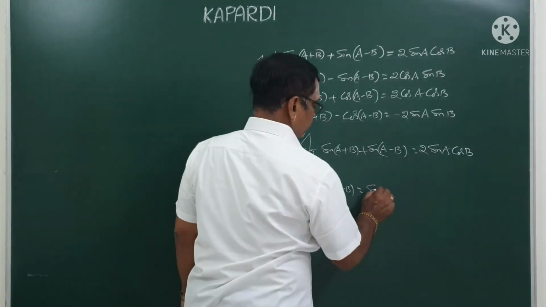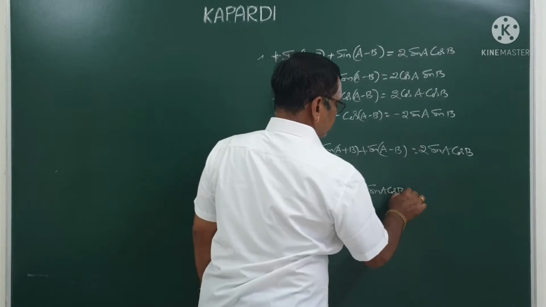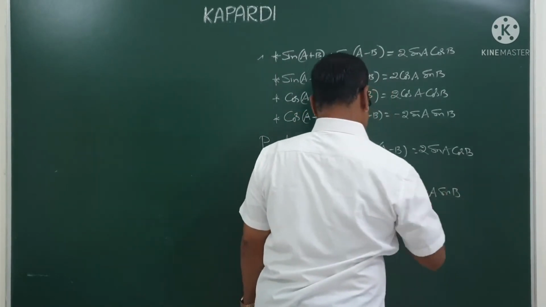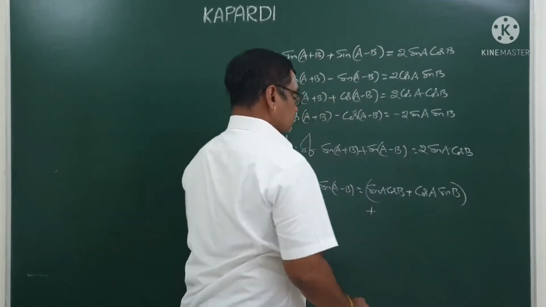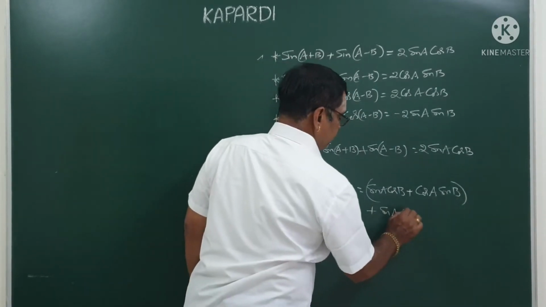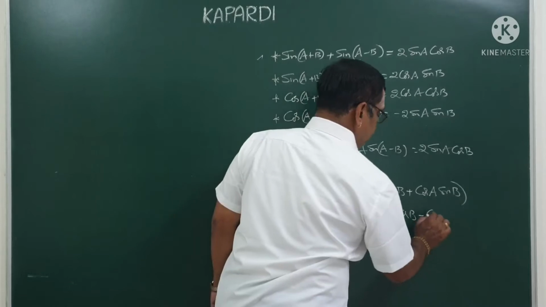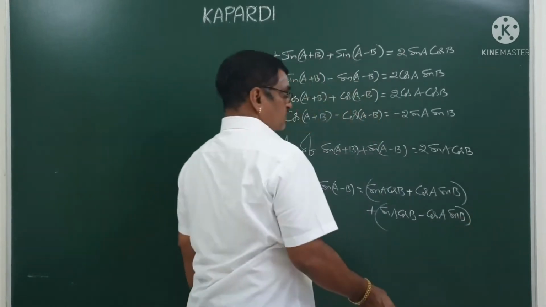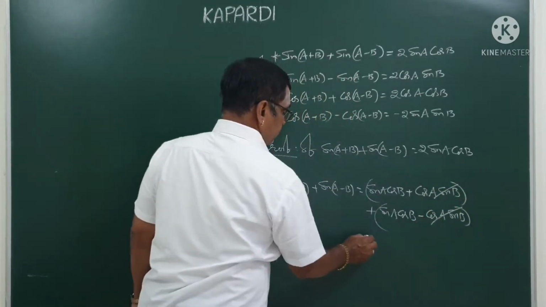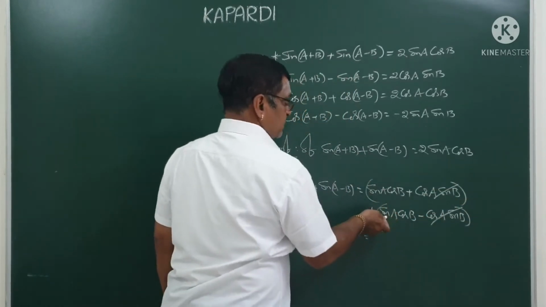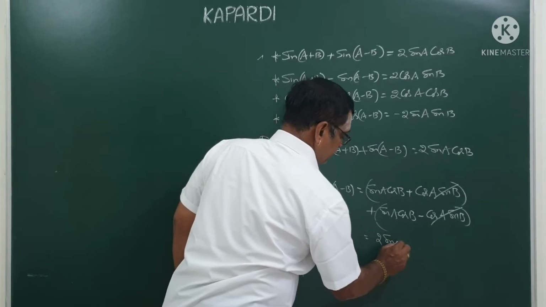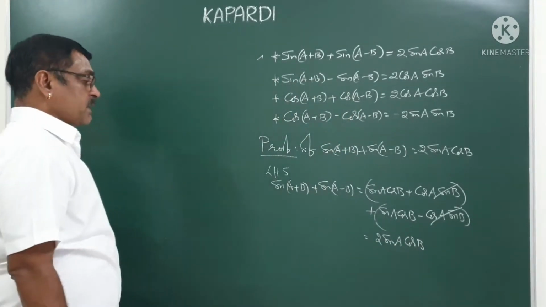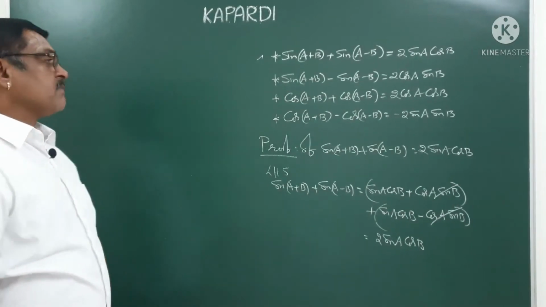You have sin a cos b plus cos a sin b plus sin a cos b minus cos a sin b. Of course, positive and negative will get cancelled, and you have sin a cos b, sin a cos b. So we have 2 sin a cos b. Now the rest of things go the same way.